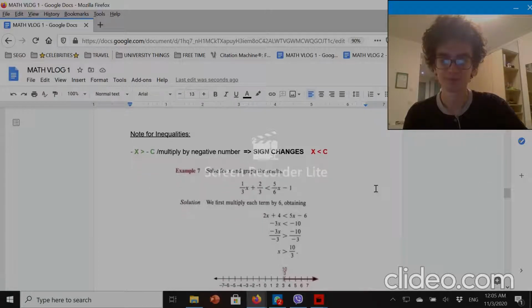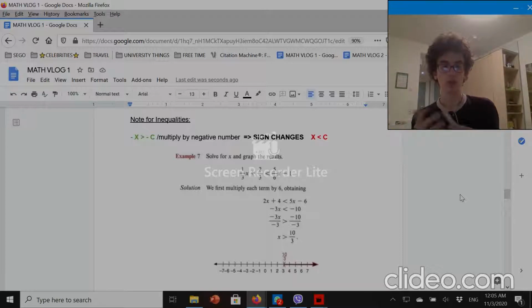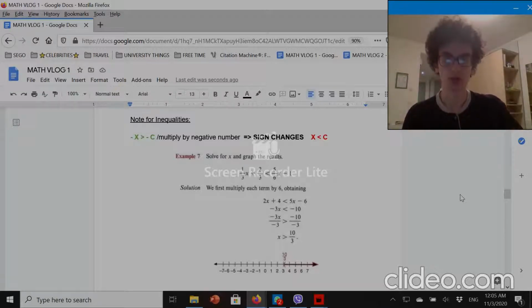So inequalities. Inequalities are very easy. Once again, there's just nothing else that I would add to what you already know. Just something that you need to be cautious about is that when you multiply by a negative number, any negative number, the sign changes. So what would it look like?